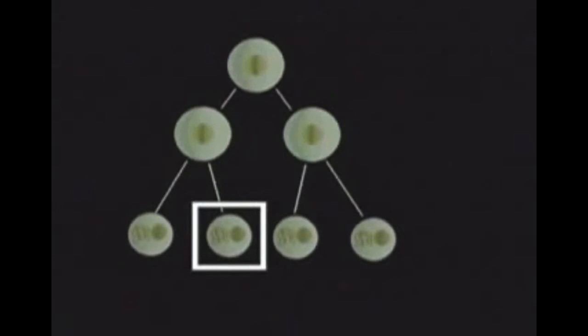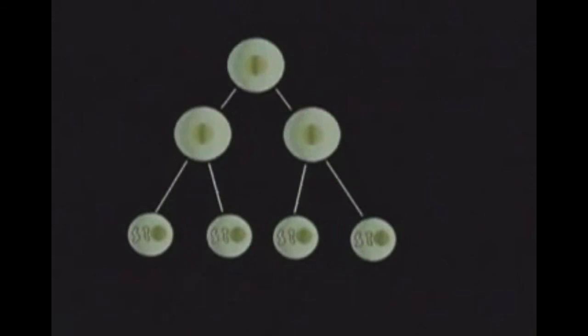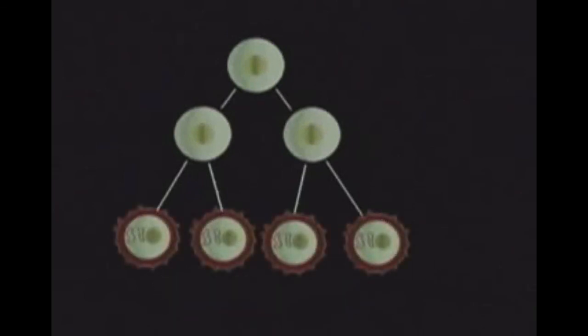Then, one of the 2 nuclei divides again to form 2 sperm nuclei. The nucleus that didn't divide is now called the tube nucleus. Finally, a hard outer coat forms around the 3 nuclei, and a grain of pollen is created.